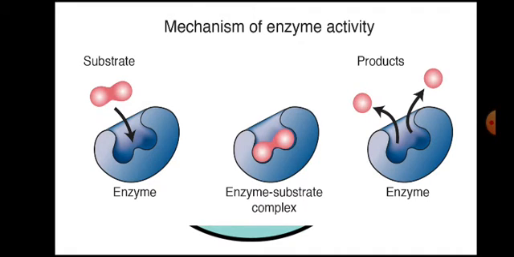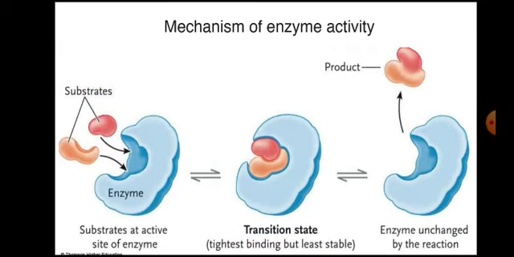Another example of an enzyme catalyzed reaction is this. Here we can see the substrates are two different molecules. They have an active site on this enzyme. So these substrates then bind to this enzyme's active site. Then there is a transition state, that is the enzyme substrate complex, and you can see here that these two molecules are now combined together to form a single product, in contrast to the earlier slide.